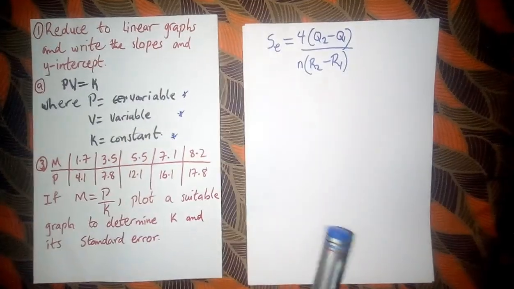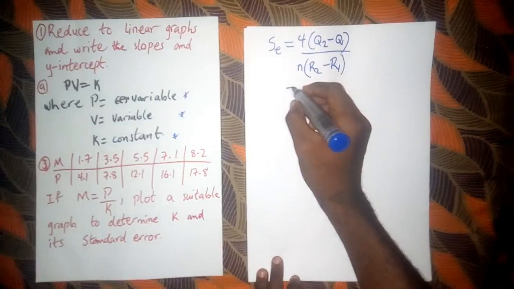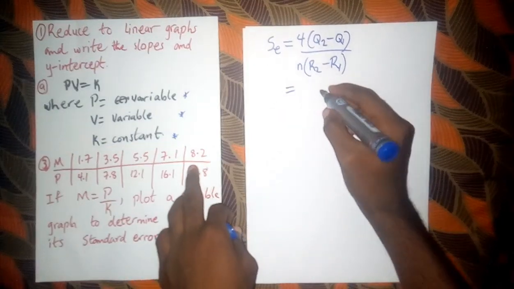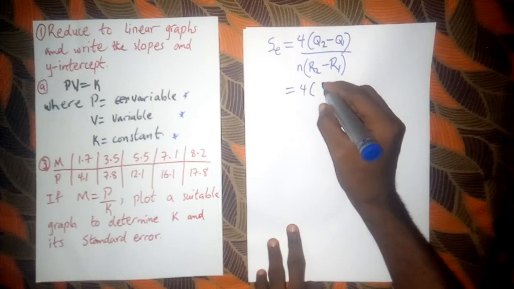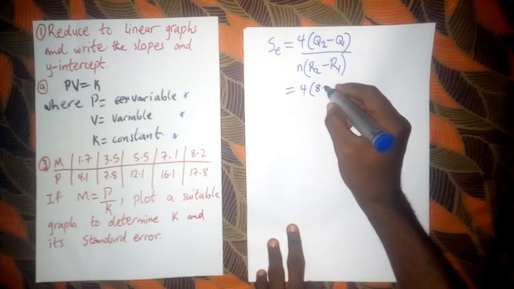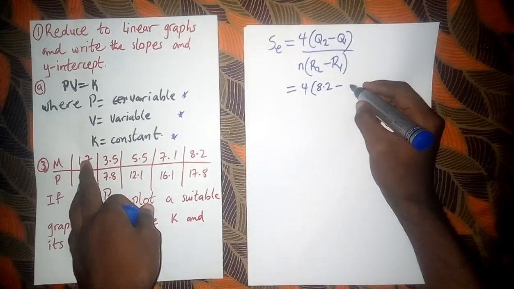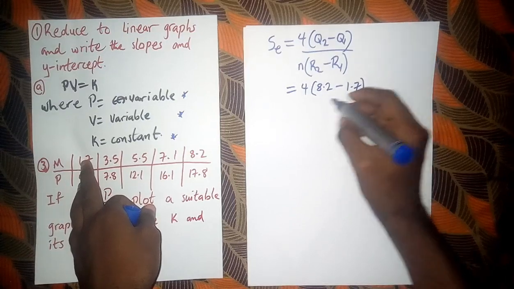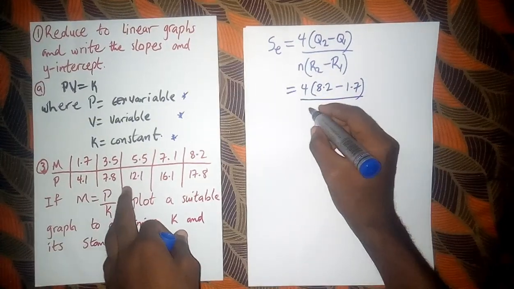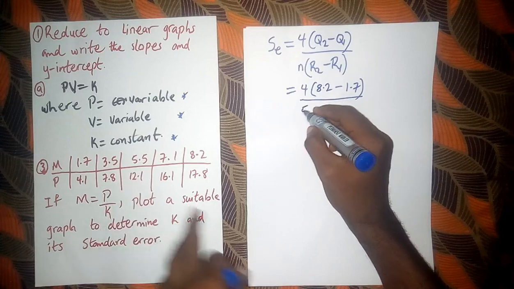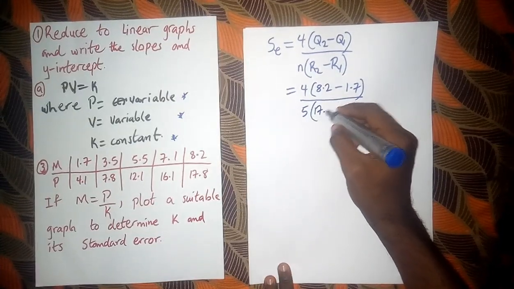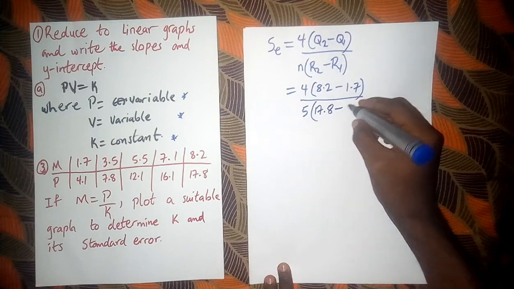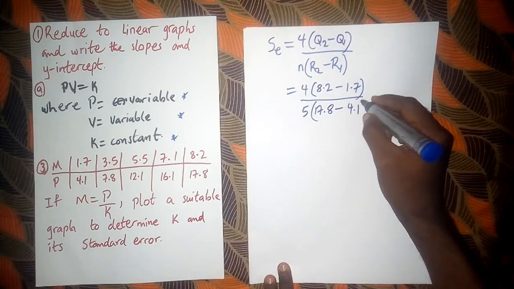Putting that there, Q2 is M2, which is 8.2, Q1 is M1, N is 5, R2 is 17.8, and R1 is 4.1.